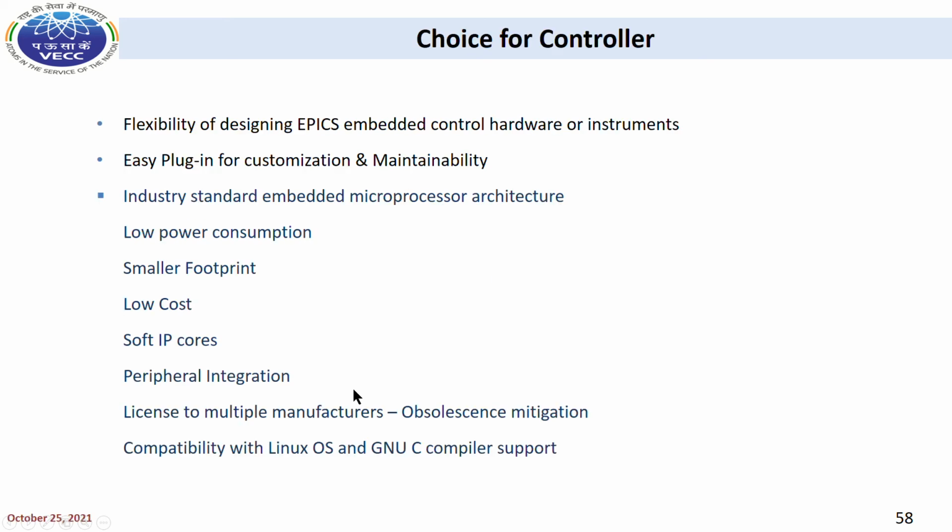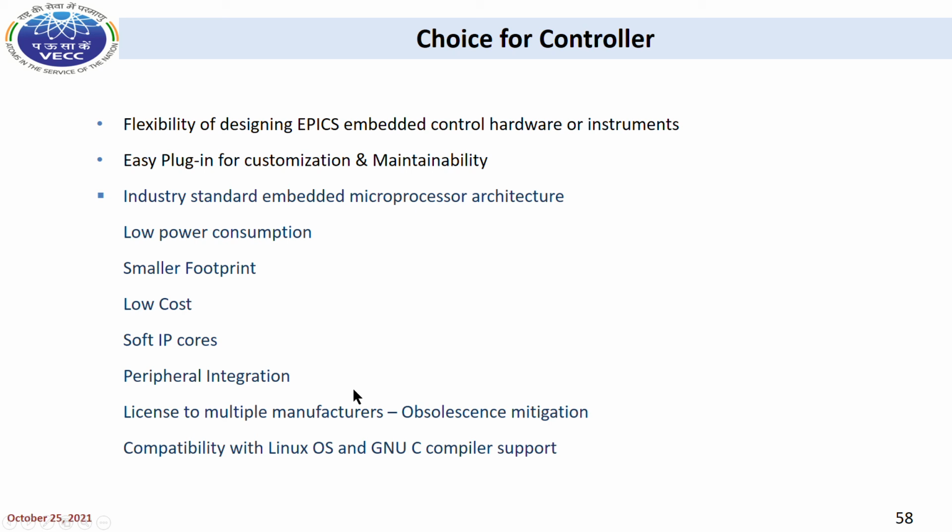So how to choose a controller? The controller should have an industrial standard embedded microprocessor architecture. It should have low power consumption, small footprint and low cost. If it is FPGA based, soft IP cores for peripheral integration should be available, and the controller should have licenses from multiple manufacturers.